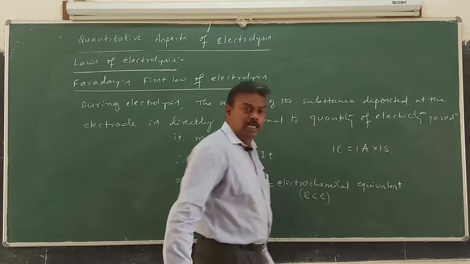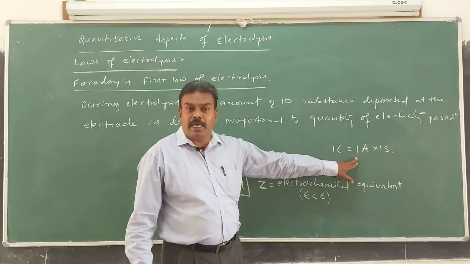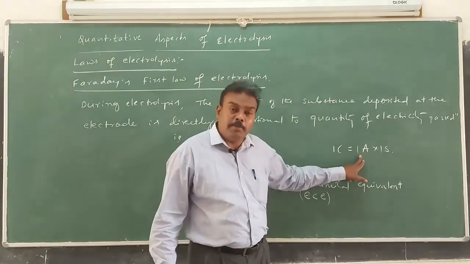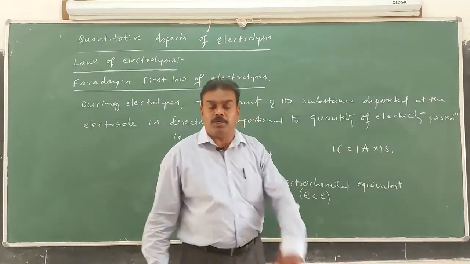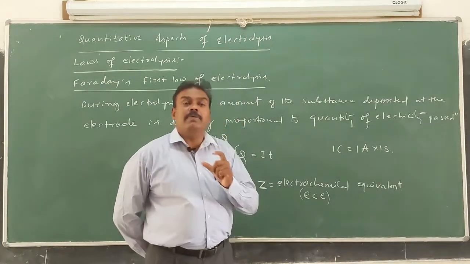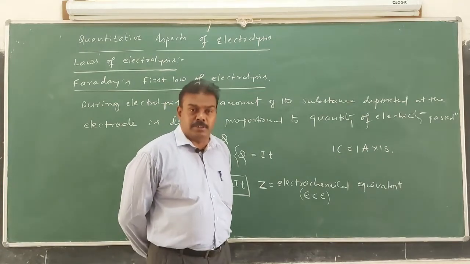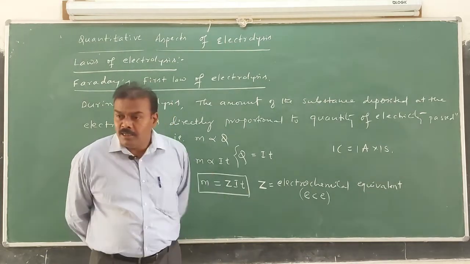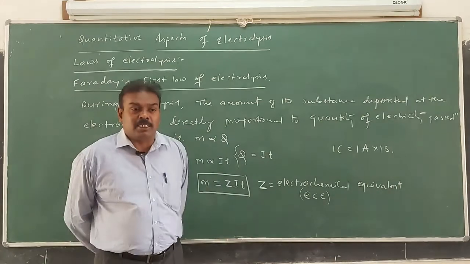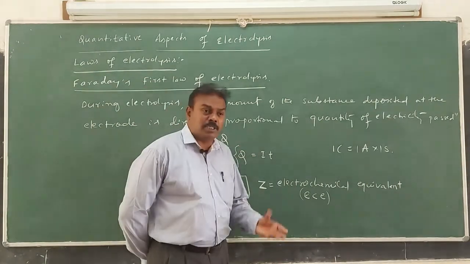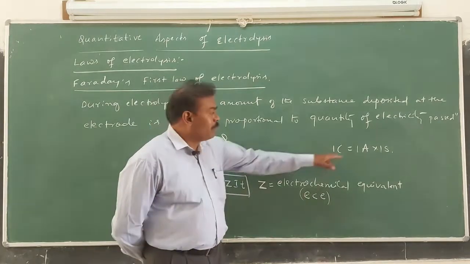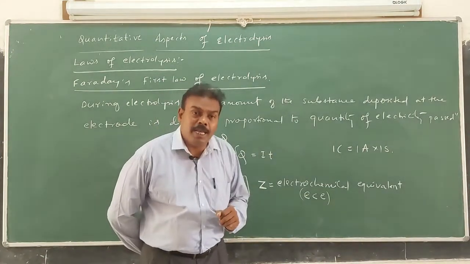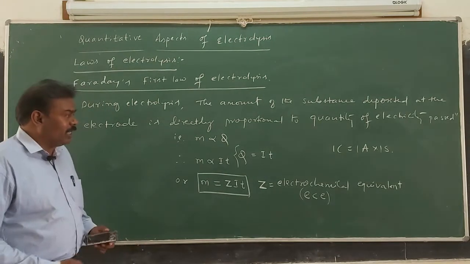So we can also define it like this: electrochemical equivalent is the amount of the substance deposited, discharged or produced at an electrode by passing a current of 1 ampere for 1 second.